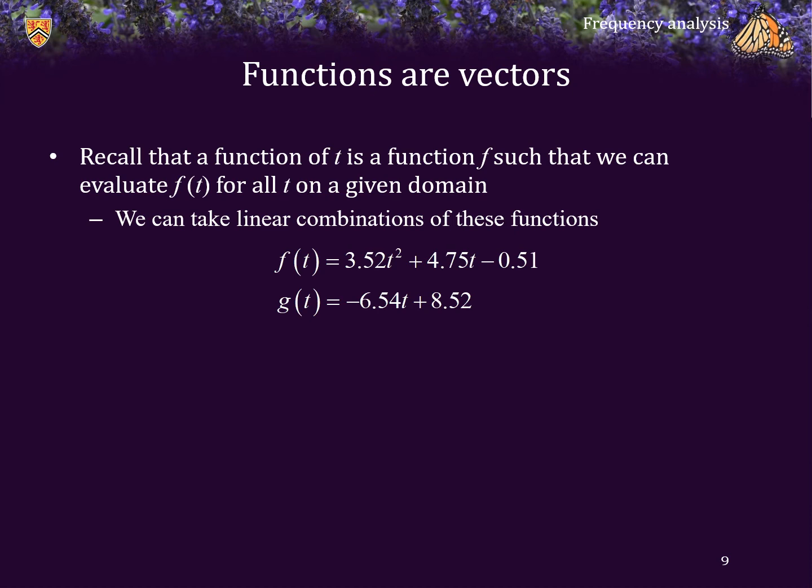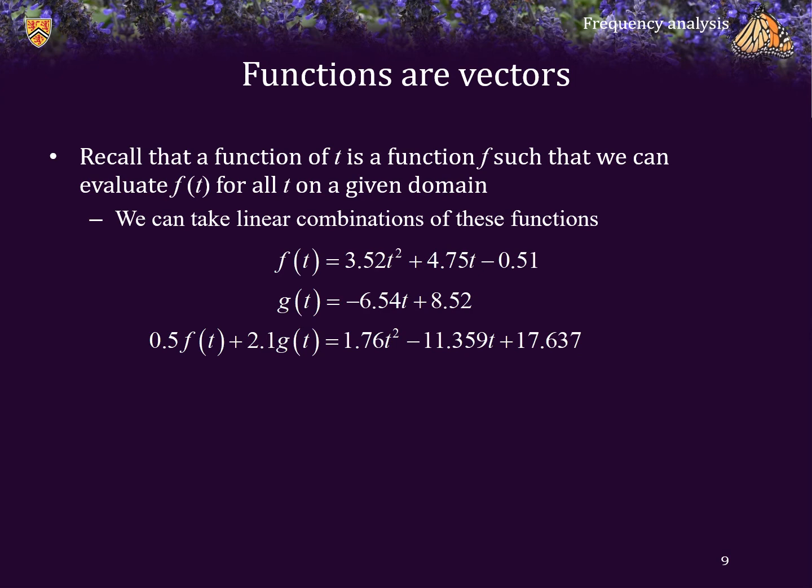We can take a linear combination of these functions. For example, I can multiply the first function by 0.5 and add to that 2.1 times the second function. That gives us another function. That's just what we did previously with vectors.